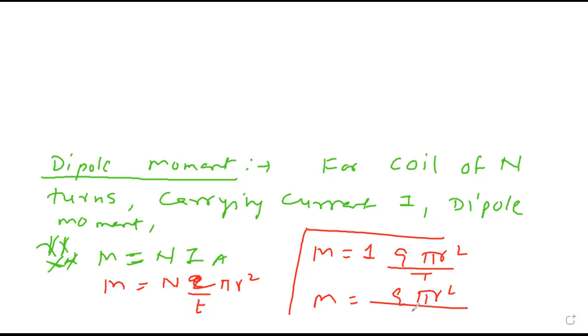Time period is nothing but 2 pi r upon v. One r cancels, pi gets cancelled. So q v r upon 2 is the formula for dipole moment for a moving charge. Please complete. If electron, then e v r upon 2; alpha particle, then 2 e v r upon 2.